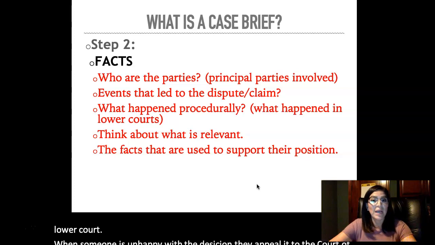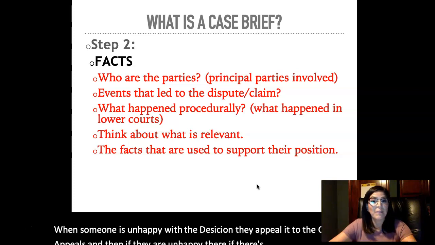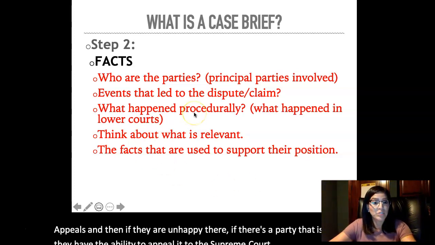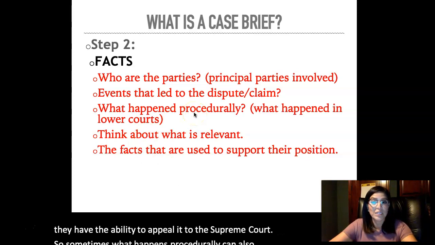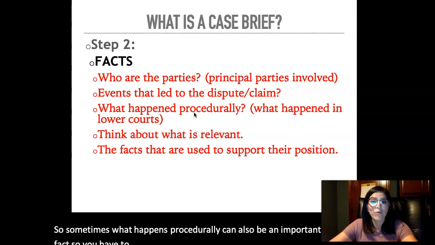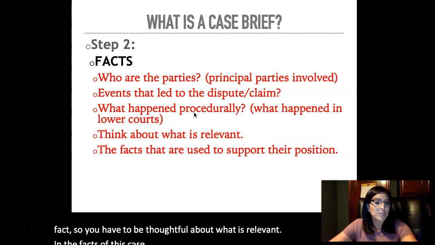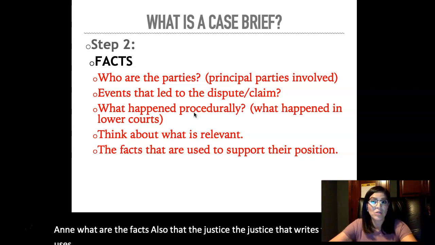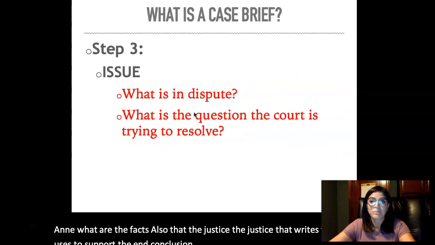And then if there's a party that is unhappy there, they have the ability to appeal it to the Supreme Court. So sometimes what happens procedurally can also be an important and relevant fact. So you have to be thoughtful about what is relevant in the facts of this case, and what are the facts also that the justice that writes the opinion uses to support the end conclusion? So facts.